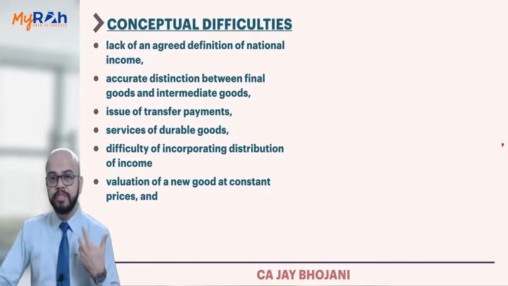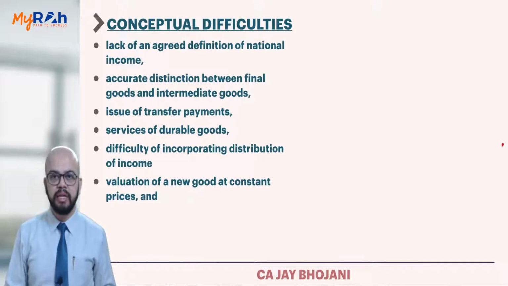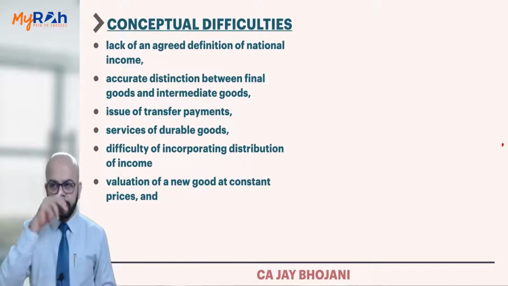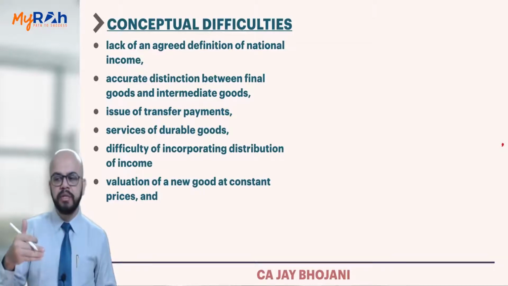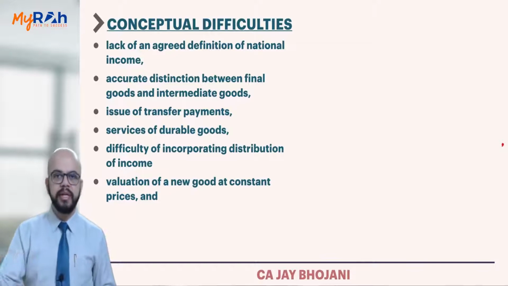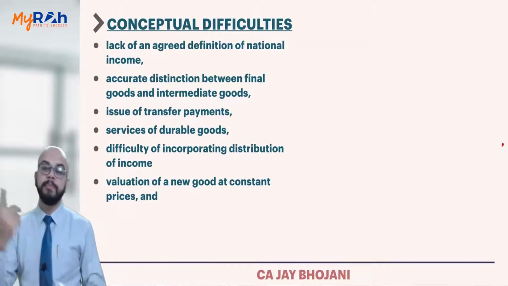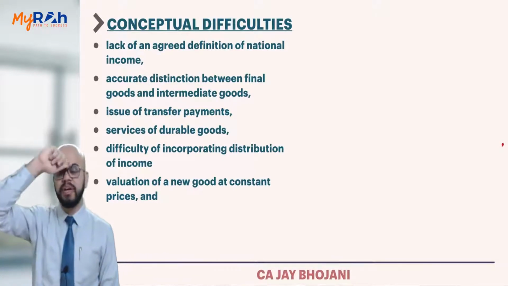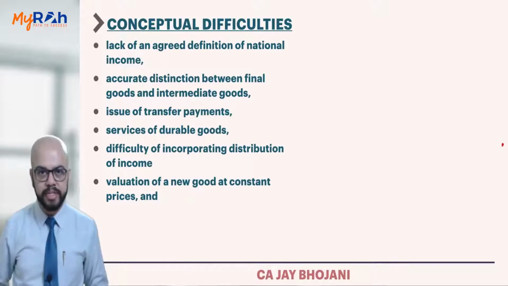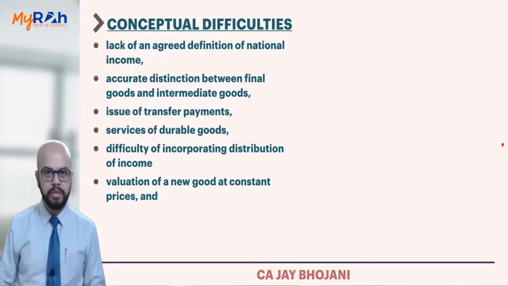This is also a good point. Value of new goods at a constant price. See, currently our base year is 2011-12, correct? So, for example, if I want to calculate the GDP at constant price for the year 2018-19, what I am going to do is, I am going to take the production of 2018-19, multiply it with the prices of 2011-12 to obtain GDP at constant price. This is the process, right?